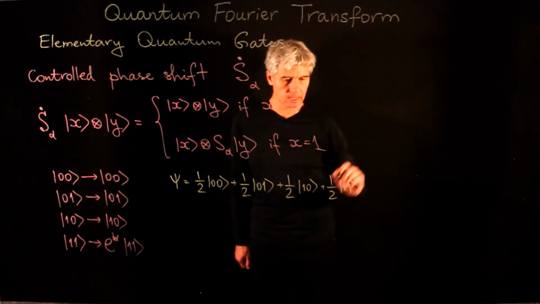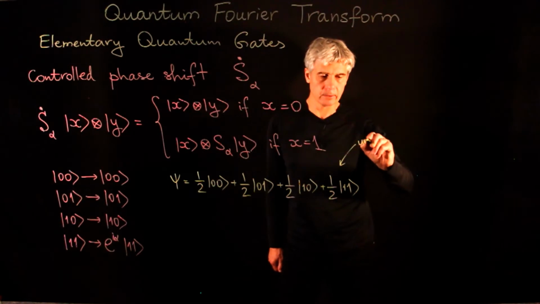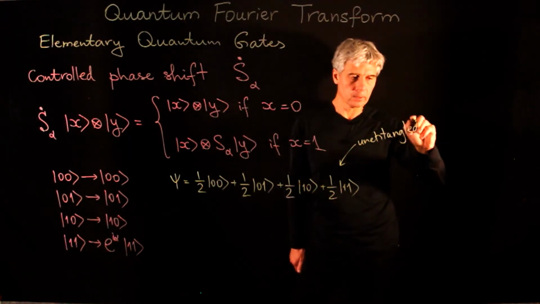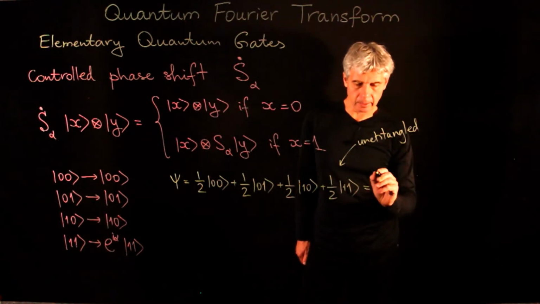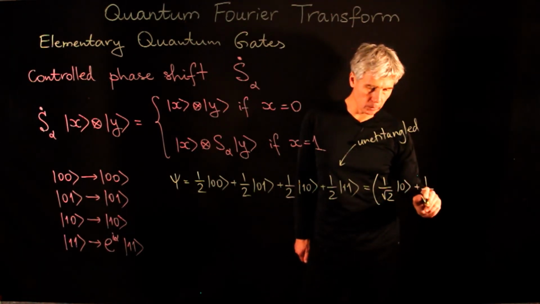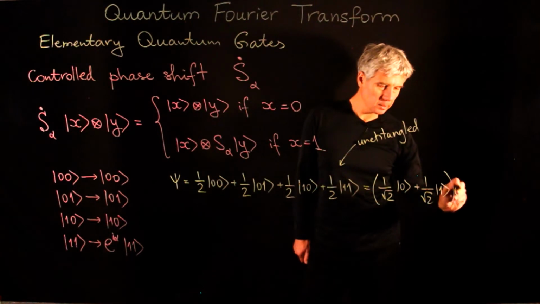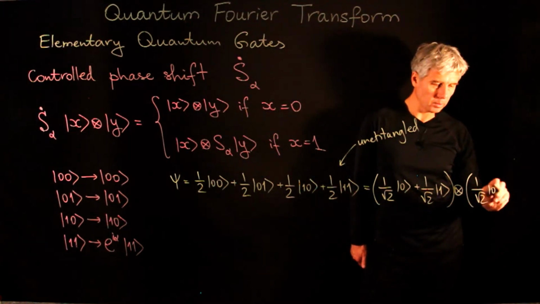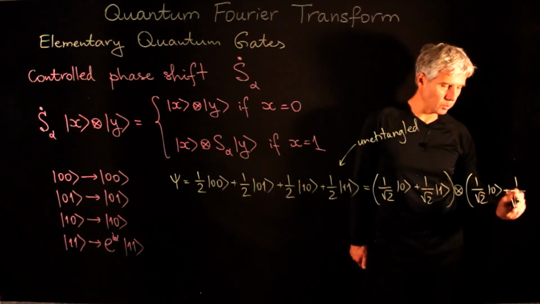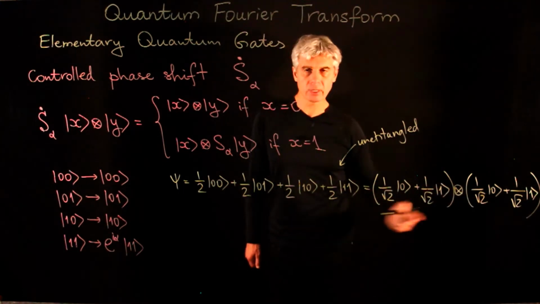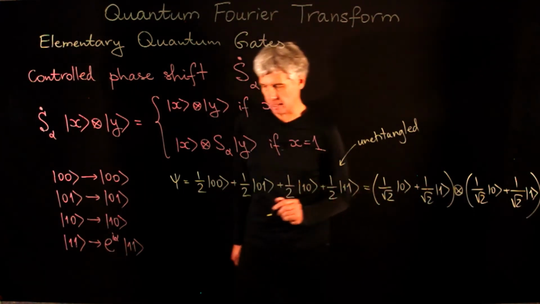This state is unentangled because it can be factored as a tensor product of the following states: 1 over square root of 2 |0> plus 1 over square root of 2 |1>, tensor product with 1 over square root of 2 |0> plus 1 over square root of 2 |1>. Right? So this factorization tells us that this is an unentangled state.